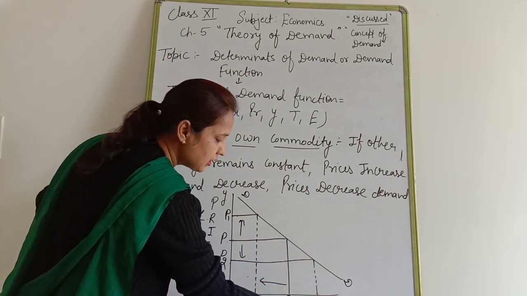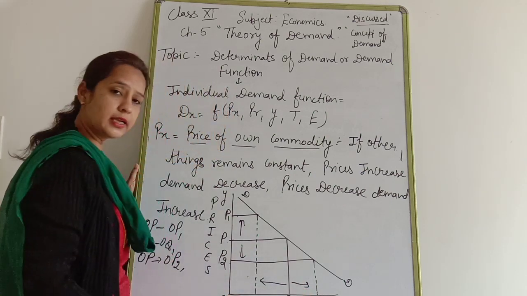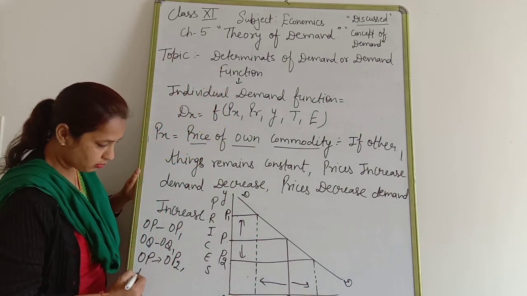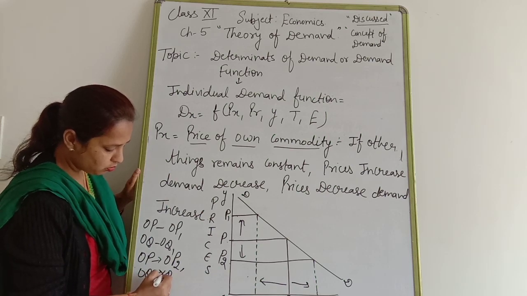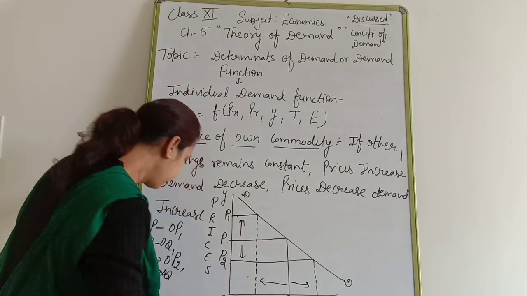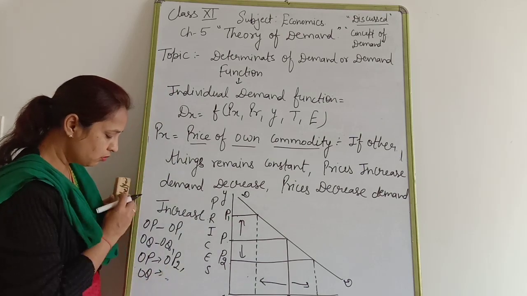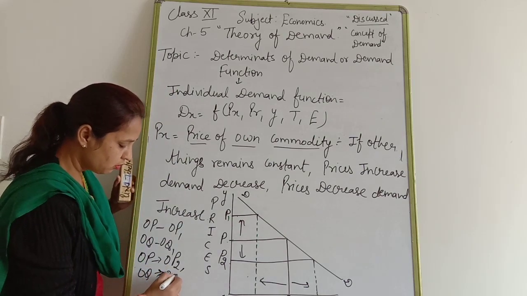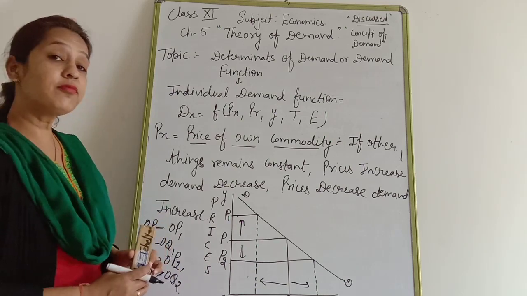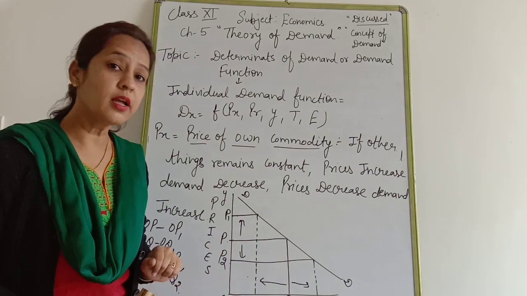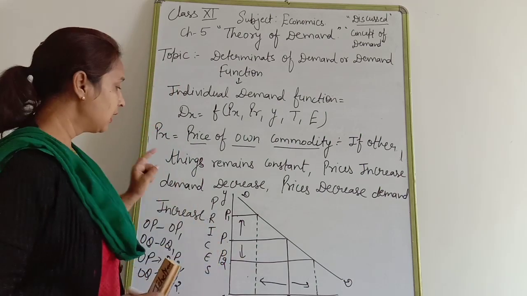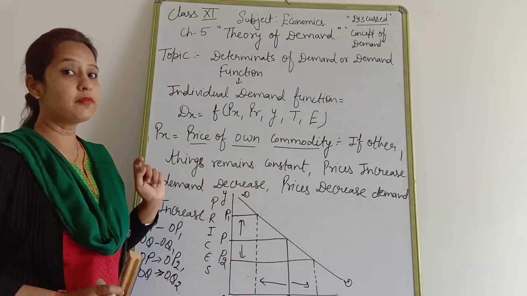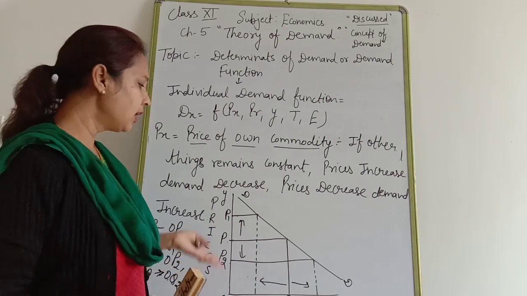You can see very easily, quantity increases from OQ to OQ2. Now the rule says, if other things remain constant and the price of own commodity increases, demand decreases, and if price decreases, then demand increases.